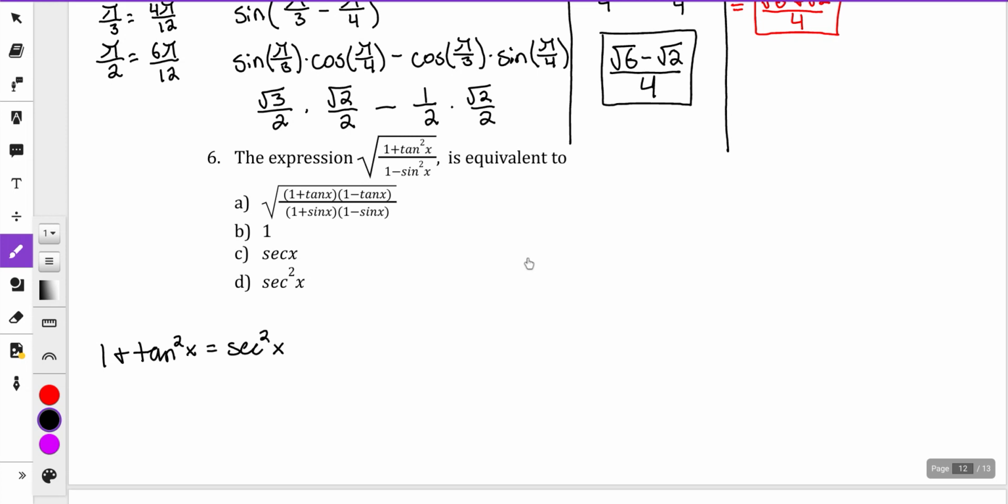So I can change this numerator to be secant squared. The denominator, we already had that one earlier. If I see 1 minus sine squared, that's one of our formulas. It comes from sine squared plus cos squared equals 1. You can manipulate that to be 1 minus sine squared equals cos squared. So the denominator is now cos squared.